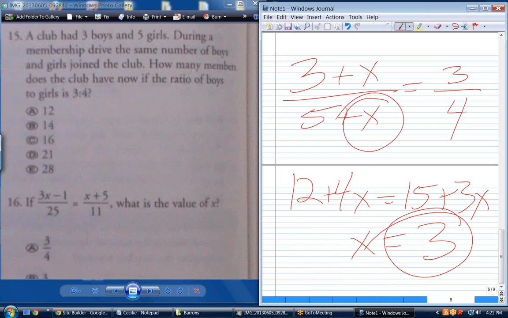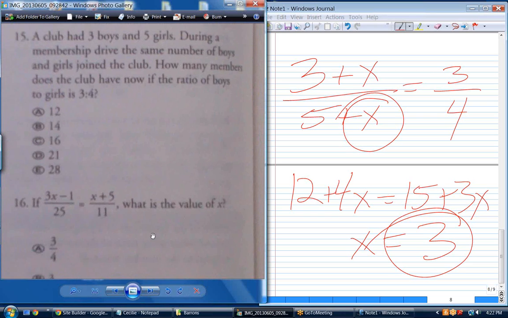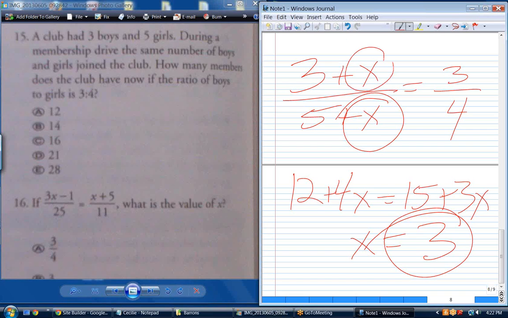So we had 6 new members. We started with 8. We get to 14. Because you end up with 15 minus 12, and then x is equal to 3.